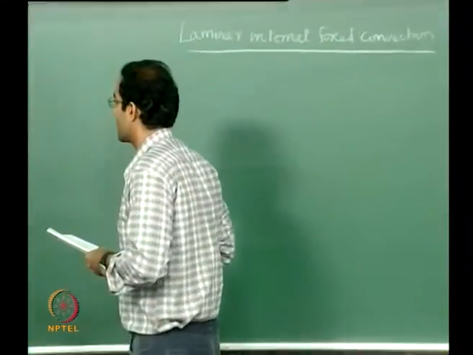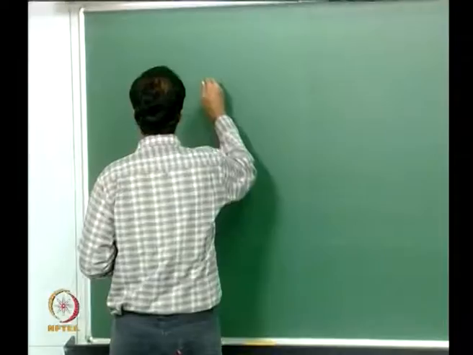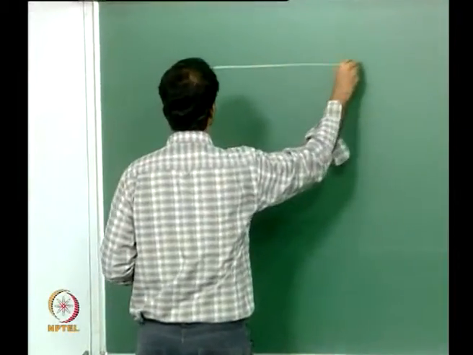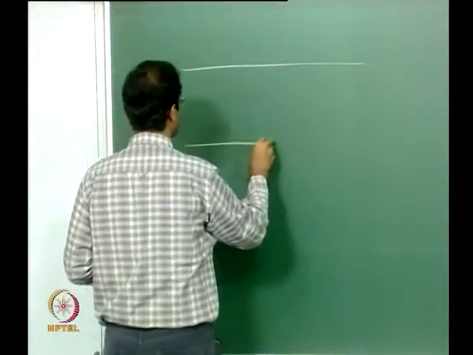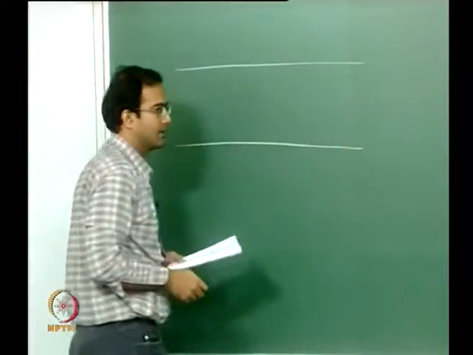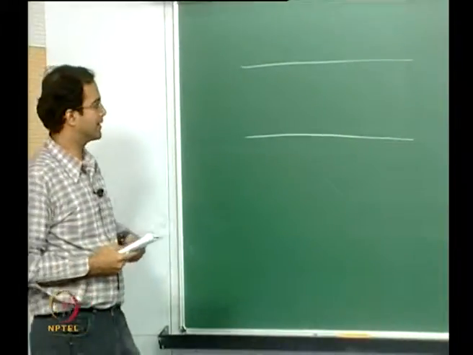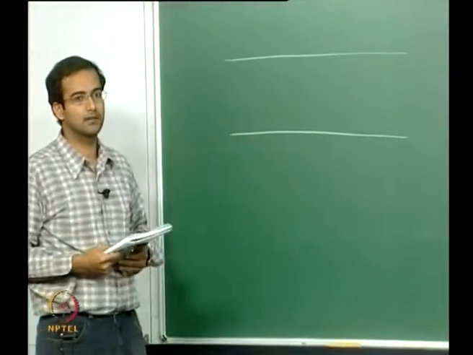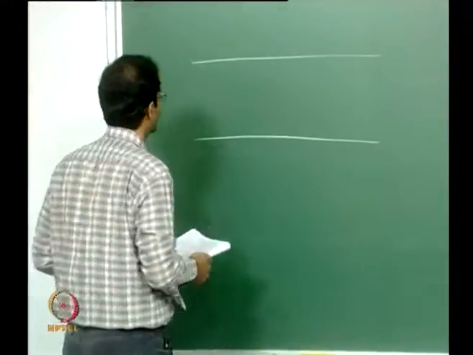Classically I would like to illustrate internal flow by means of flow between two parallel plates, or you can take a sectional view of a duct and look at how the flow pattern is.